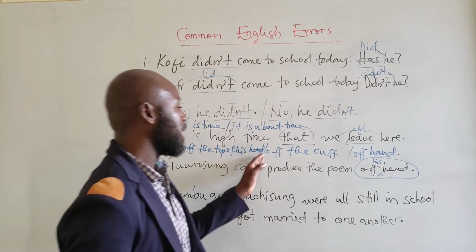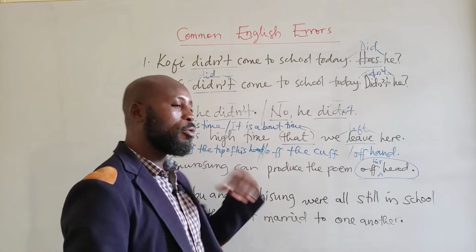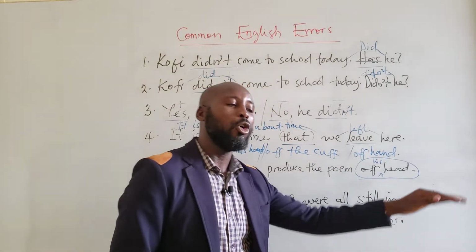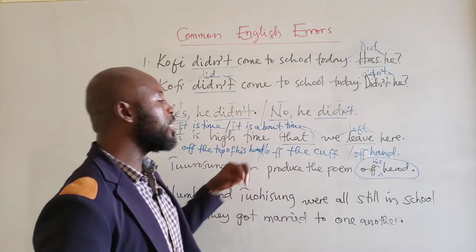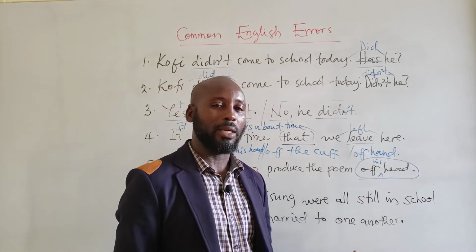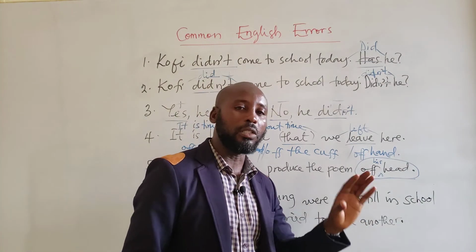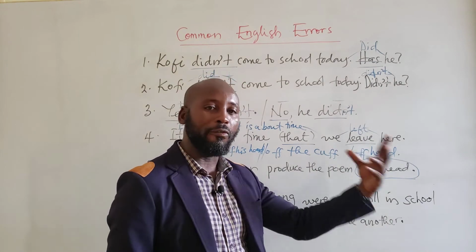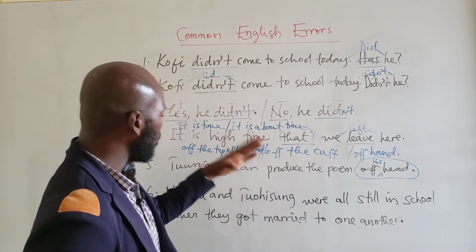So "off the top of one's head", "off the cuff", and "offhand" all mean the same thing. And they indicate that one is able to do something or perform an activity without difficulty, without referring to any further documentation or video or whatever. So that is it.